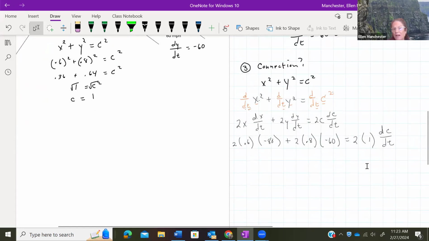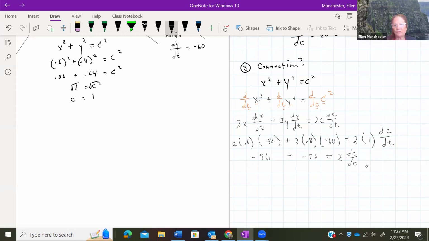Okay, so now we just calculate. 2 times 0.6 times negative 80 is negative 96. 2 times 0.8 times negative 60 is also negative 96. 2 times 1 is 2, dc dt.